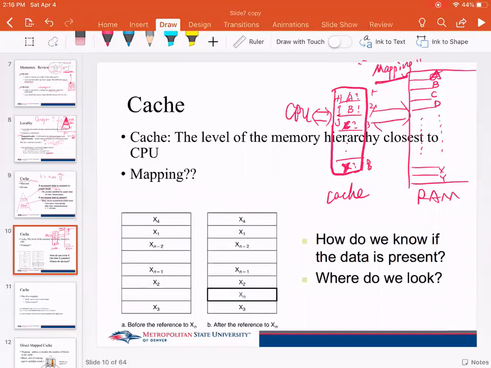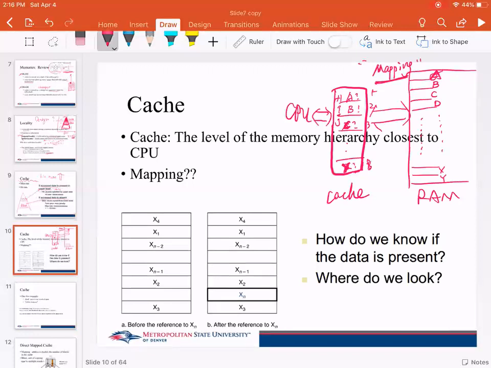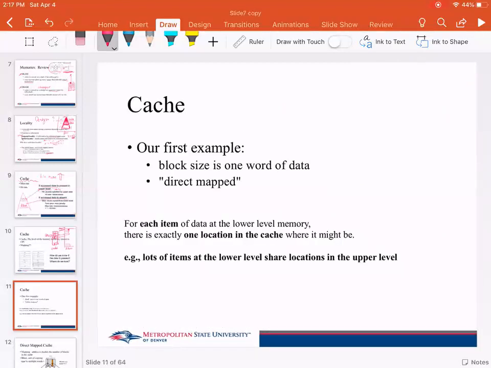And we'll first introduce a type of cache called the direct mapped cache. For a direct mapped cache, each tiny location I draw here is called one block, and the block size is one word.